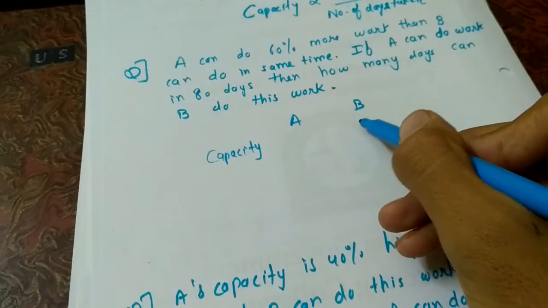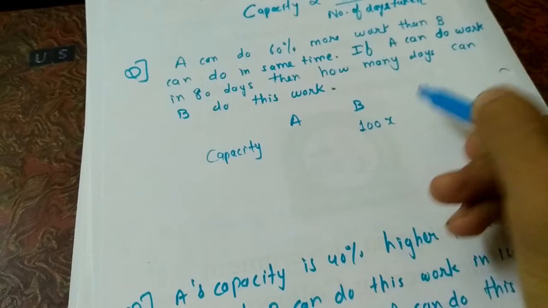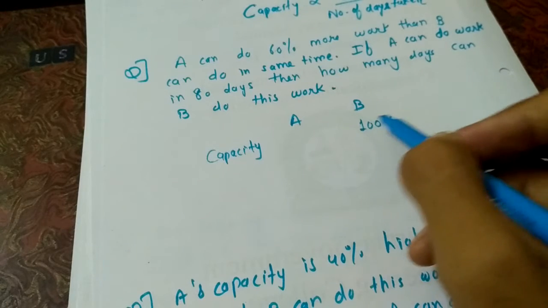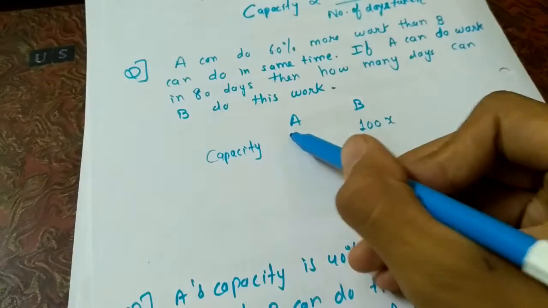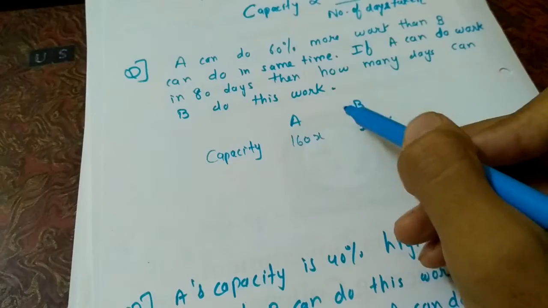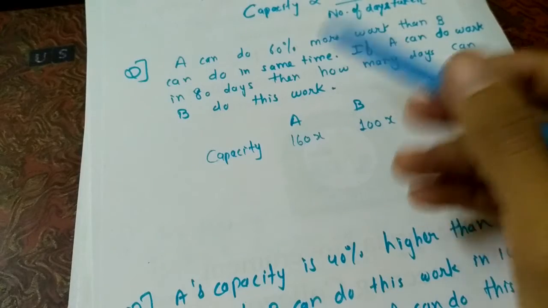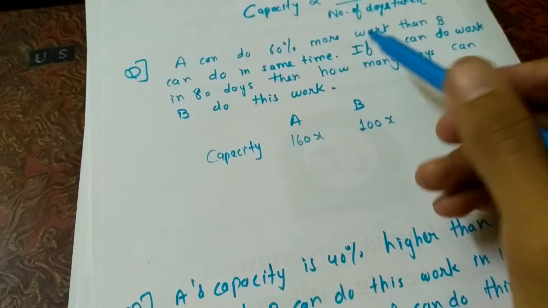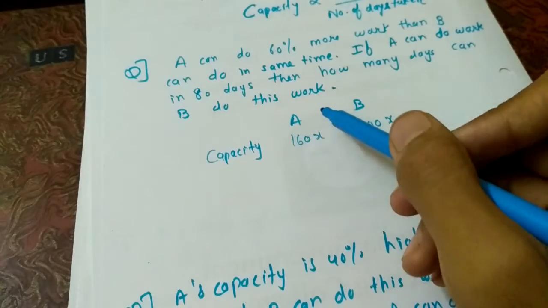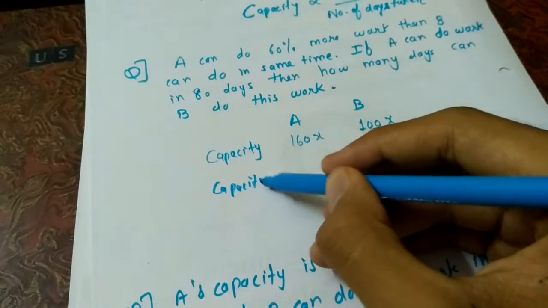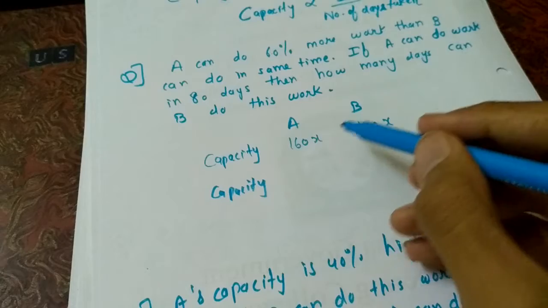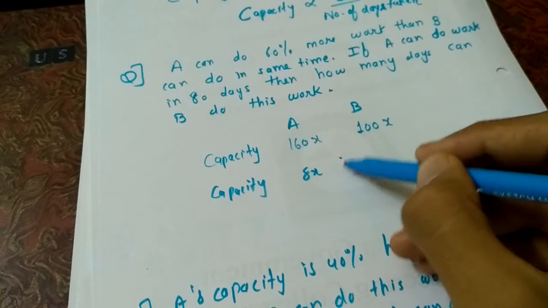So let us assume that B's capacity is 100x, then A's capacity is 160x because it is 60% more. So obviously it is 160x. So the capacity, in proportion, is given as 8x is to 5x.